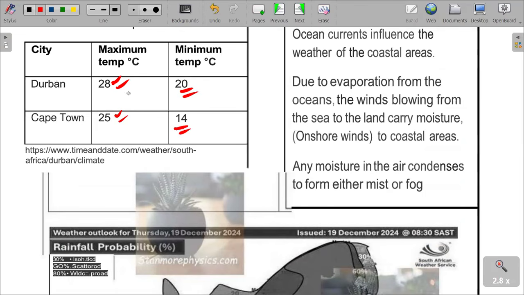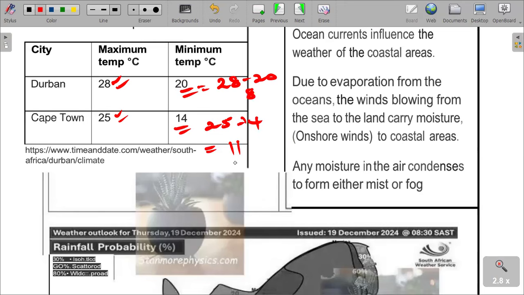If we work for Durban, the range is 28 minus 20, which is 8. And then for Cape Town, 25 minus 14, we have got 11.